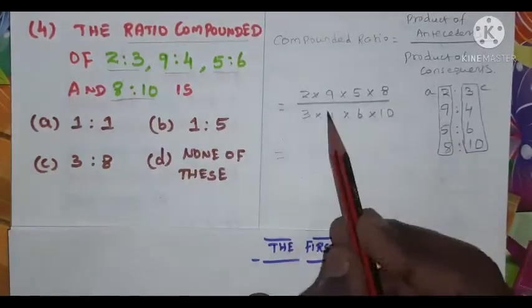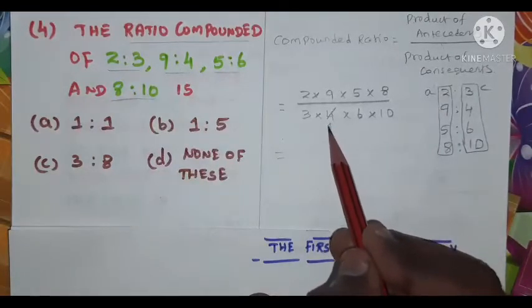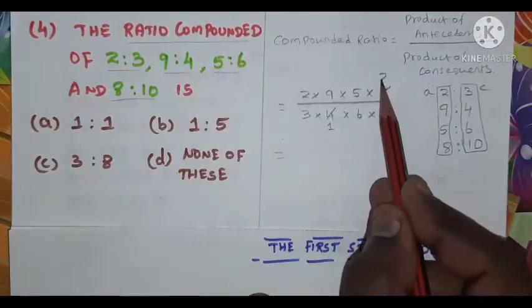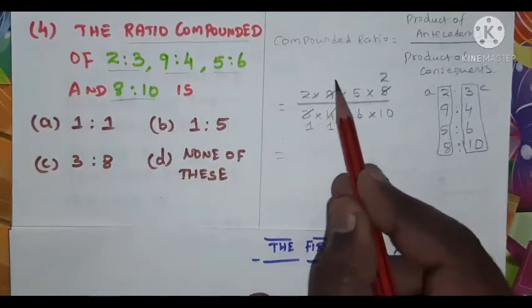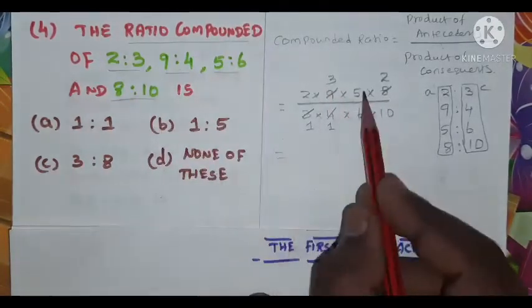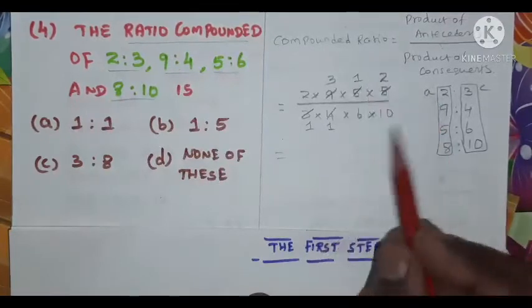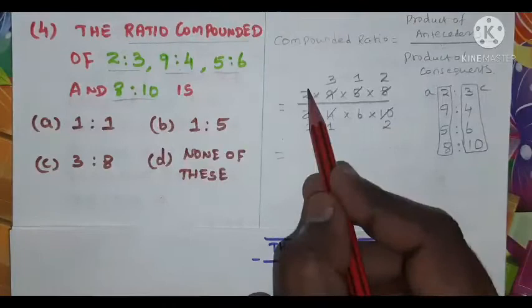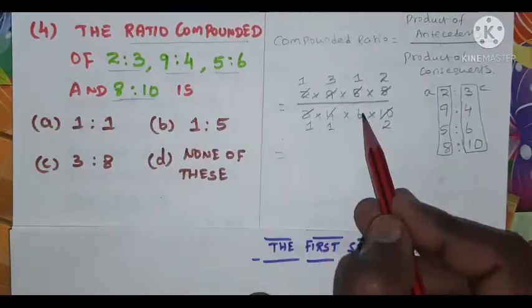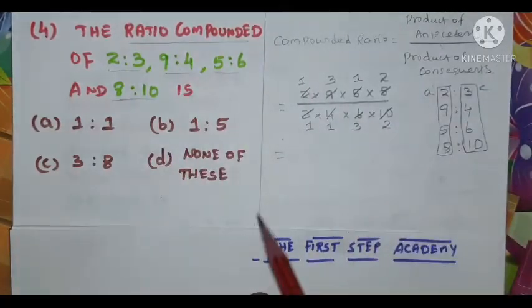Now look: 1 4 is 4, 2 4s are 8, next 1 3 is 3, 3 3s are 9, right? 1 5 is 5, 2 5s are 10, next 1 2 is 2, 3 2s are 6.